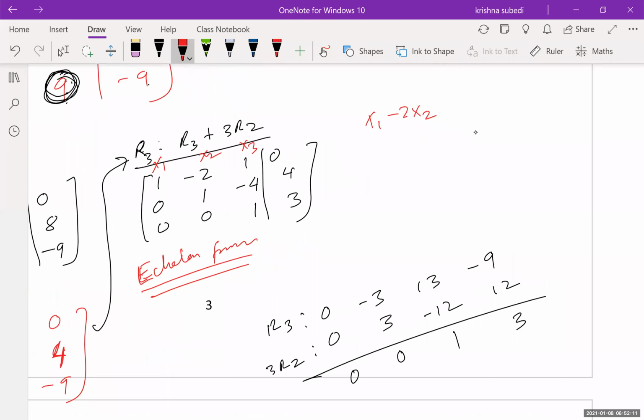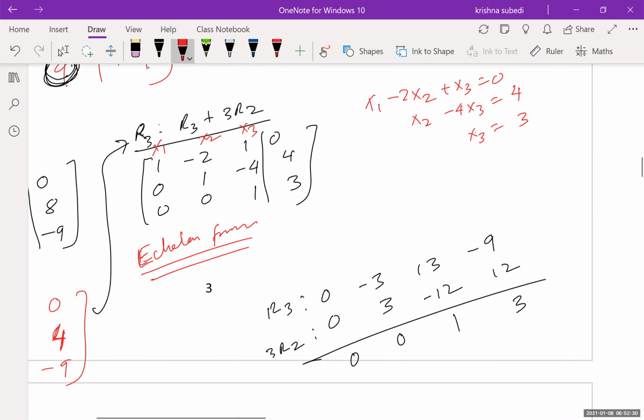You will have x1 minus 2x2 plus x3 equal to 0. Another is 0x1 plus x2 minus 4x3 equal to 4. And this one will be x3 equal to 3. Now substitute the value of x3 here and you get x2, and then substitute x3 and x2 there, you get the answer.